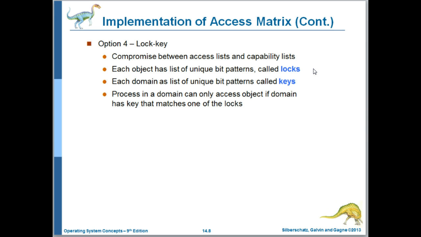So again, you could view these locks as metadomains, and then the keys are rights for one of the actual domains to transfer to one of these metadomains in order to access the object. So this is a mechanism for collapsing the large potential set of domains on a system into a smaller number of metadomains.